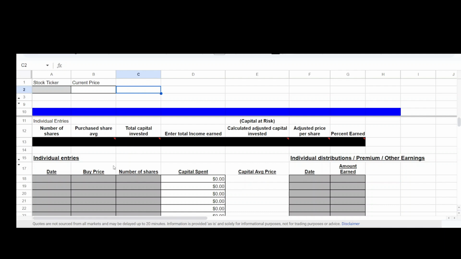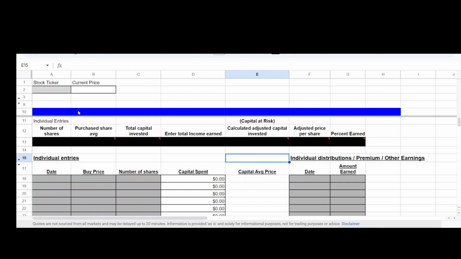I have some tables where I can enter each of my individual entries in this area, and it will calculate the amount I've spent so far on each of those buys. On this side of the sheet, you'll see how much I've earned on each of the distributions. Let's start right off.